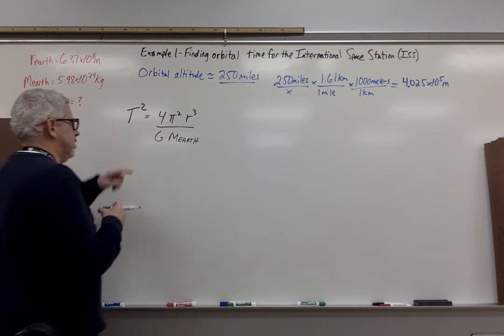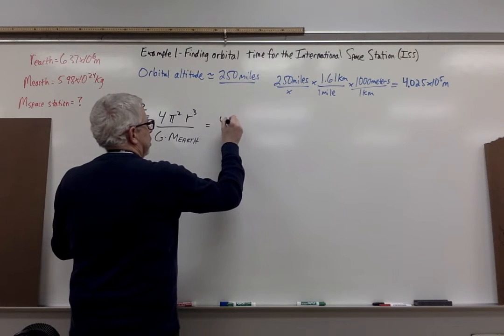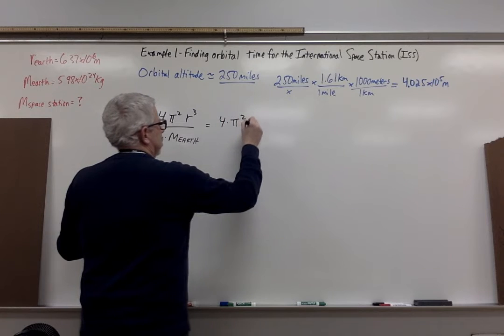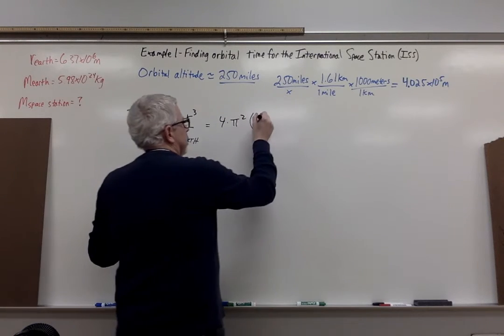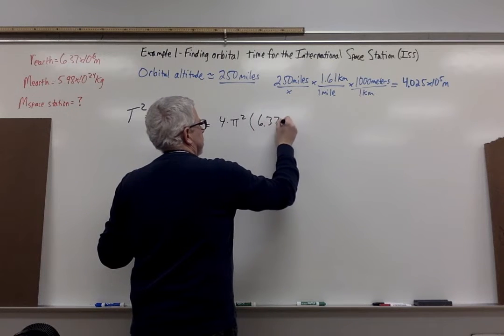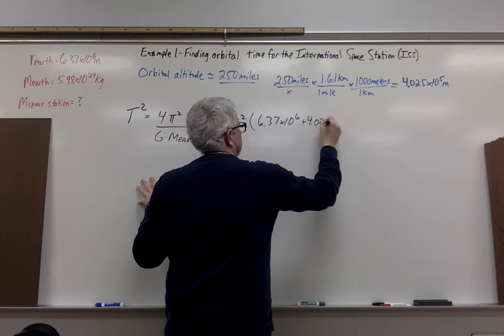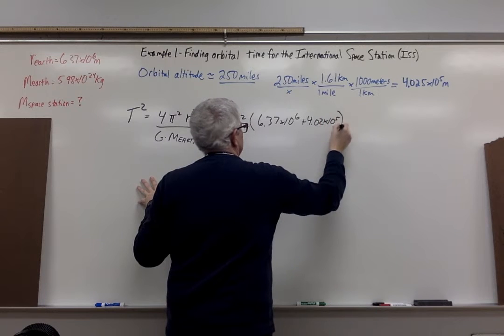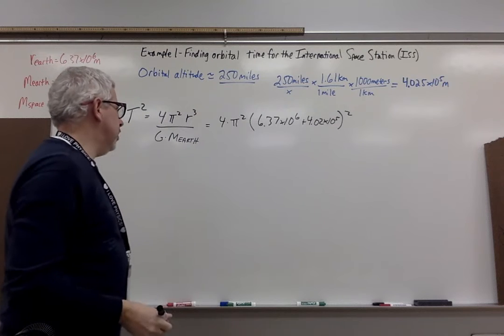So I'm going to keep this T squared over here, 4 pi squared. So I'm going to put these together. 6.37 times 10 to the 6th plus 4.02 times 10 to the 5th, squared. Parentheses are going to be kind of important here.